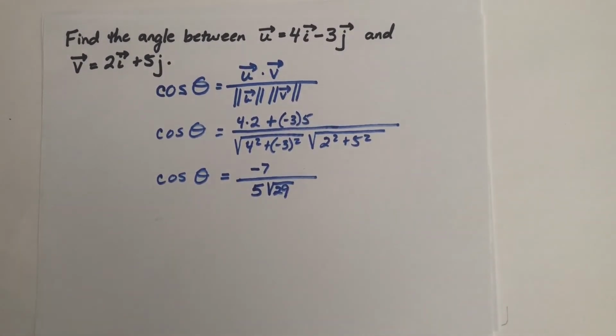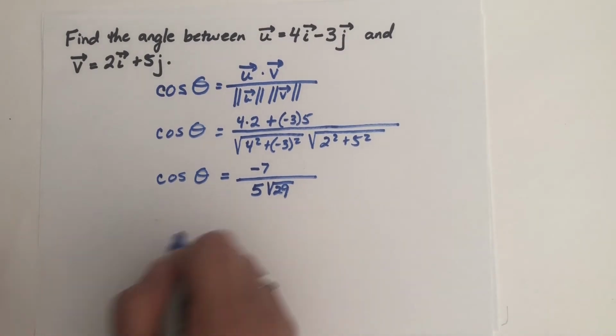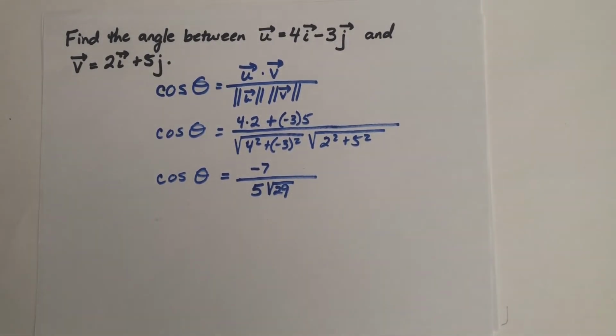And now we can grab our calculator and find the angle between those two vectors. So we'll punch in inverse cosine of that ratio. So inverse cosine of -7 divided by 5 times the square root of 29.